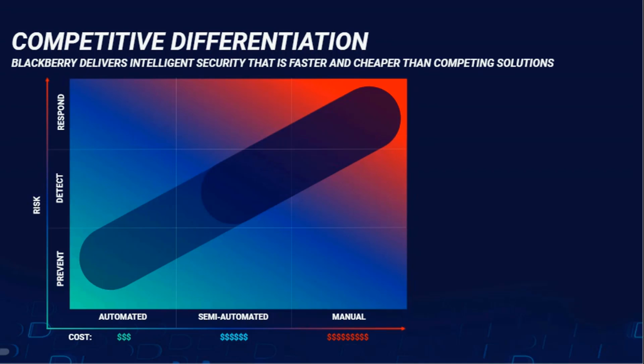If you can prevent threats in an automated way, that's the best way to reduce risk and optimize for your ROI and your cost, your time, your resources, etc. The farther up you go, if you have automated detection and response, your risk profile goes higher. If you have semi-automated and manual processes, your cost and resources go higher as well.